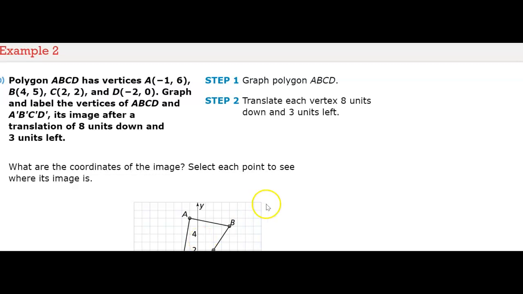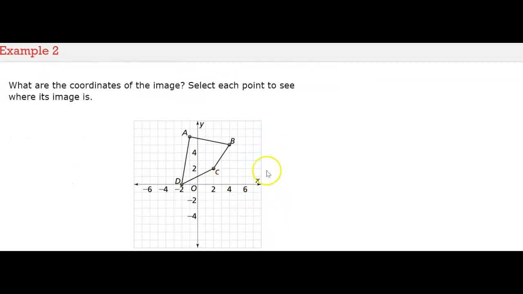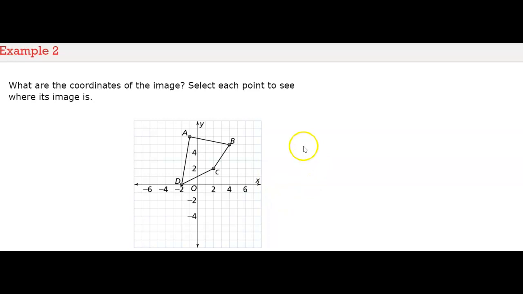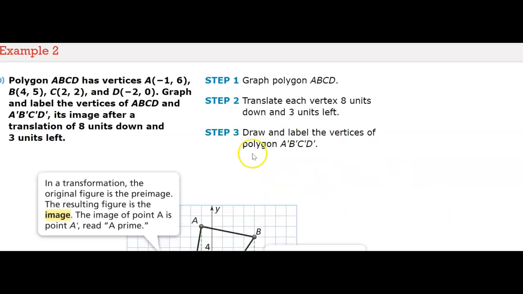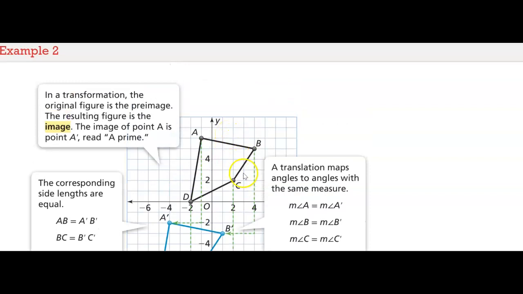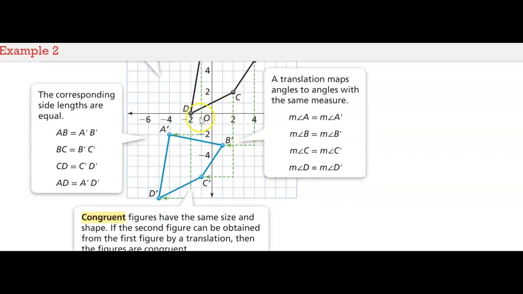All right, so we graph that, as you see here. And then you translate each vertex 8 units down and 3 units left. Here's the original polygon, and then you move it 8 spaces.